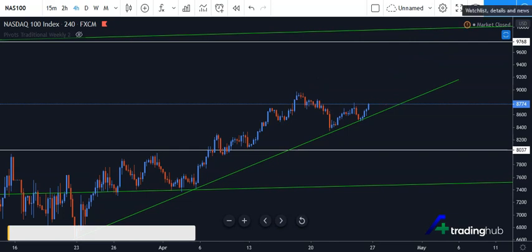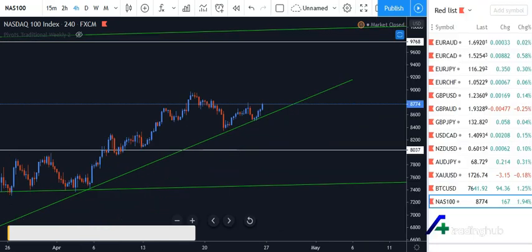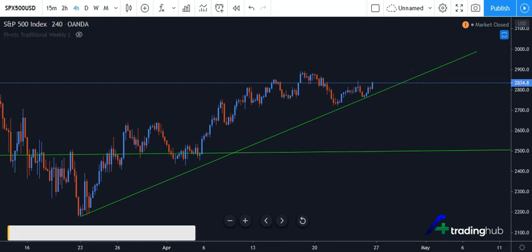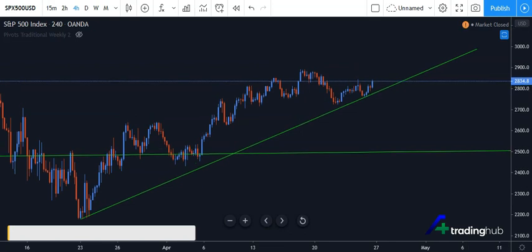Next we are looking at SP 500. So here is the SP 500. It's similar to the Nasdaq, but this is what I have to tell you. If you are trading Nasdaq, I will also say you should not trade Nasdaq and SPX 500 together, because they are actually going in the same direction.